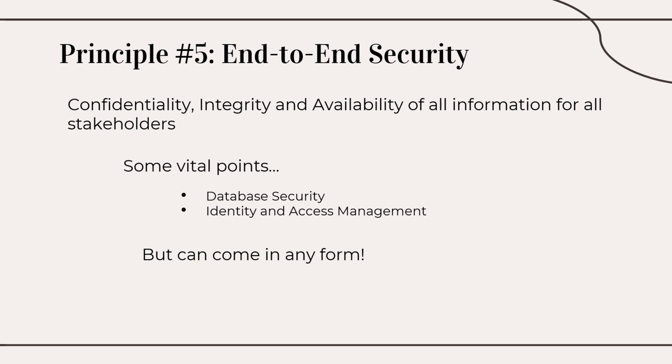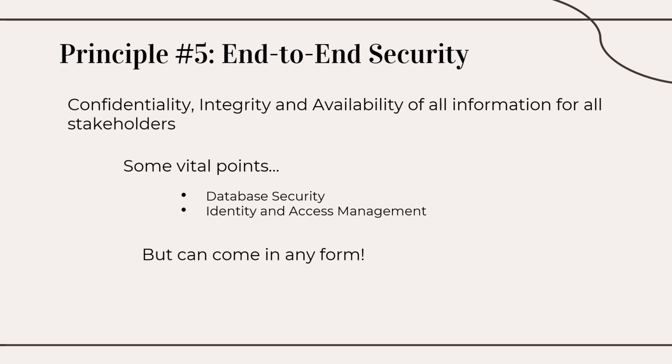The fifth principle is end-to-end security. This basically means that if you're developing a secure application, your enterprise premises must also be safe. This means that CIA principles, which are confidentiality, integrity, and availability, must be ensured all throughout the enterprise and not just the application itself. The paper focuses on the enterprise itself having database security.